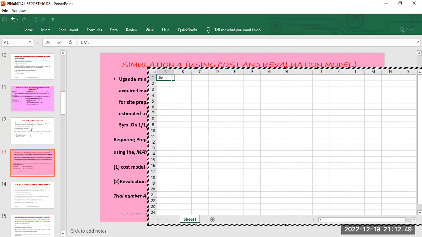Whenever we are dealing with assets, make sure that you look at the date we are reporting and the date when these assets were acquired, especially when you're dealing with depreciable assets.